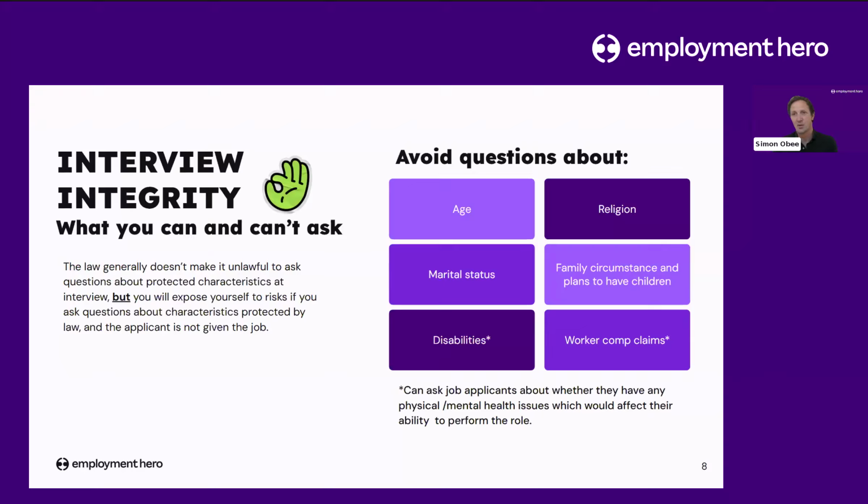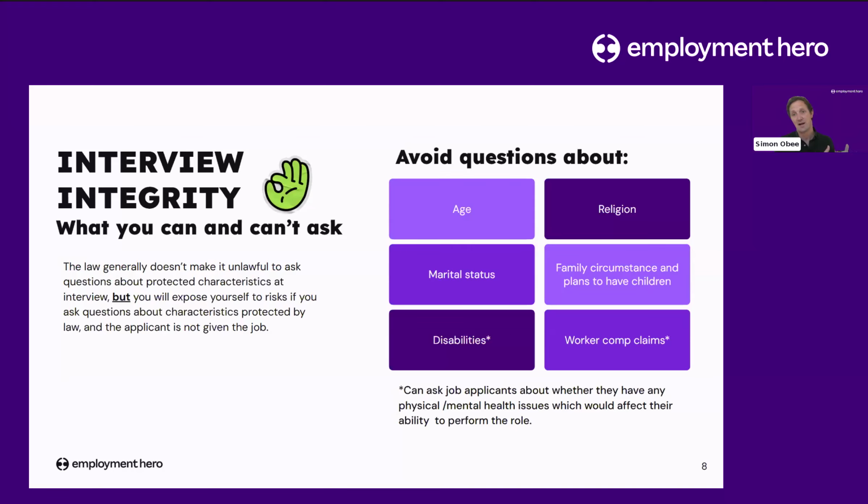The way that the law works is probably a little bit more nuanced than that. It's not generally the case that the law says you can't ask questions about these sorts of characteristics, but it is certainly high risk to do so unless it's essential for you to know this for a legitimate purpose.